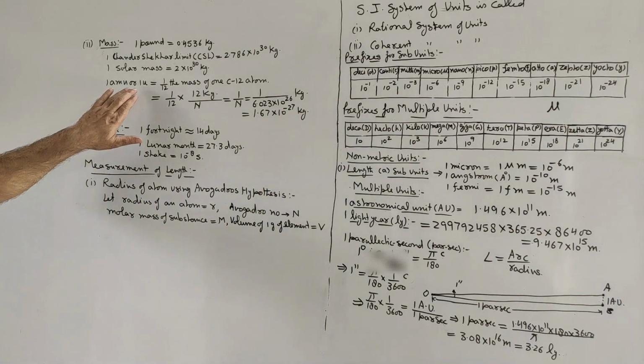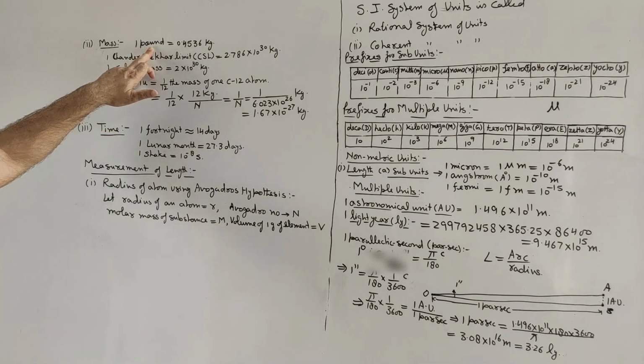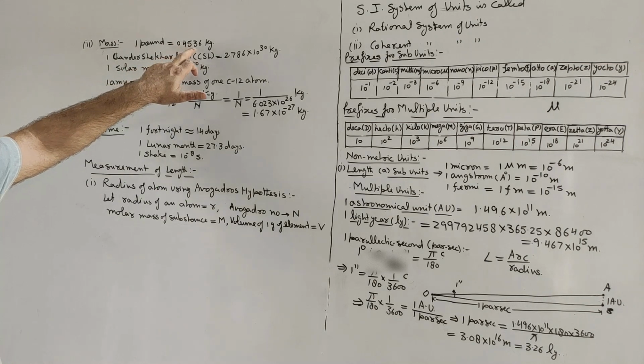Now the unit bigger than 1 AMU will be pound, and 1 pound will be 0.4536 kilogram.